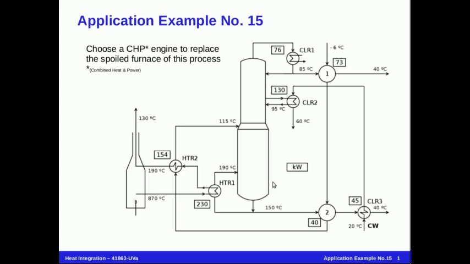This is made first from one hot stream from 150 to 40. This is the bottoms being cooled. The second hot stream is the side condenser that will be taken from 95 to 95. Starting temperature is not known, but the safe assumption is taking 95.